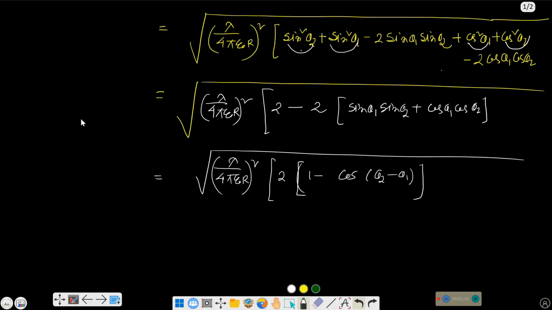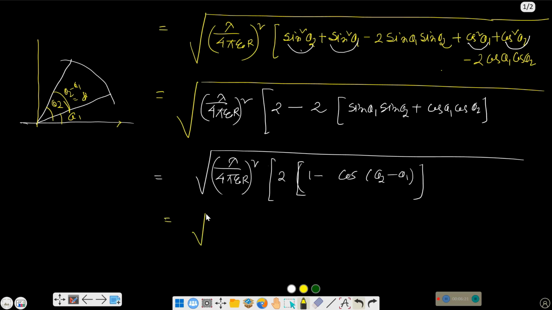Now as cos of theta 2 minus theta 1, I have already taken theta 1 from the x-axis, and the last element is theta 2. So the arc is making an angle of theta 2 minus theta 1, that is equal to phi, as I have already taken.